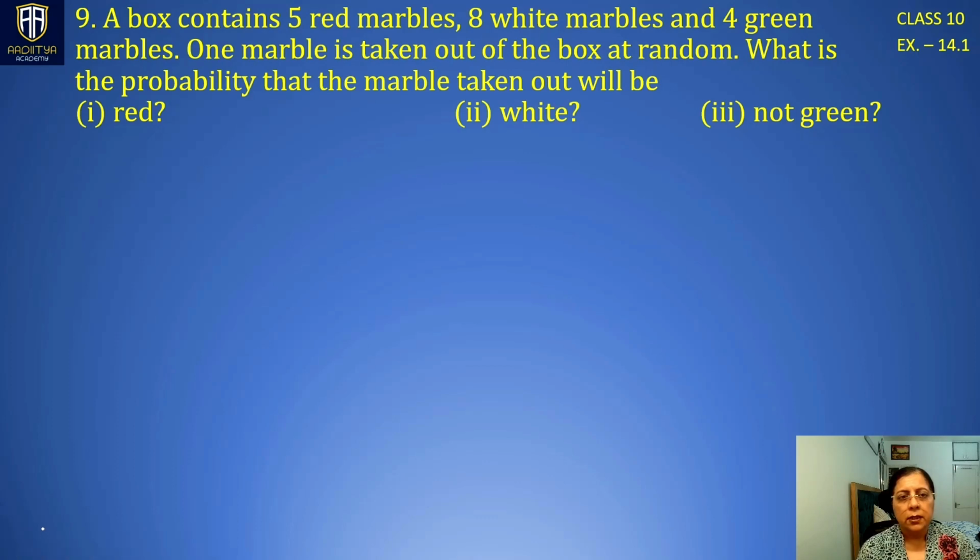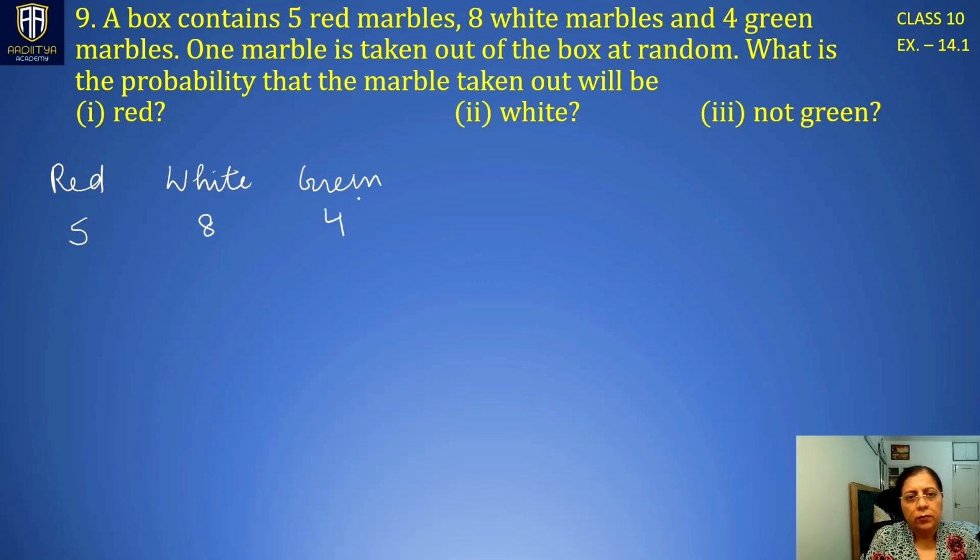Now this question says a box contains 5 red marbles and 8 white marbles and 4 green marbles, right? So red are 5 and white are 8 and green are 4, right?